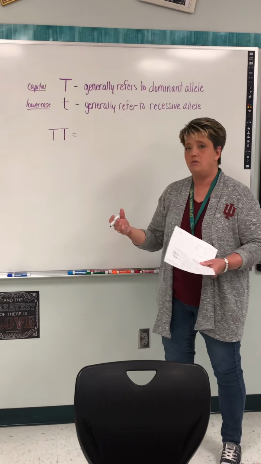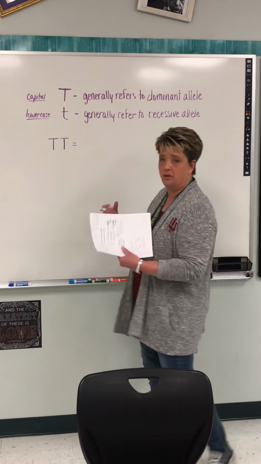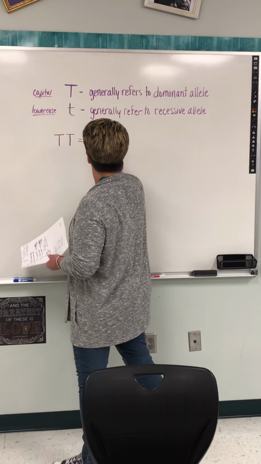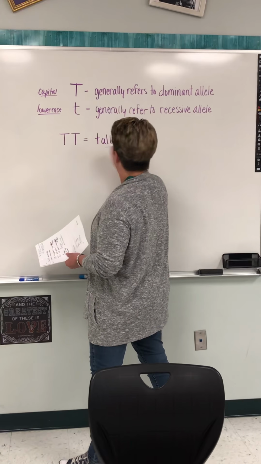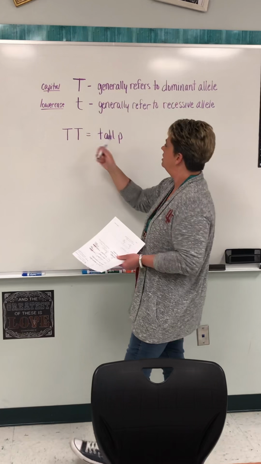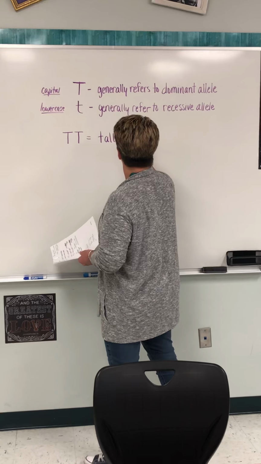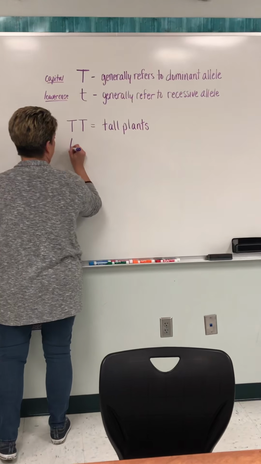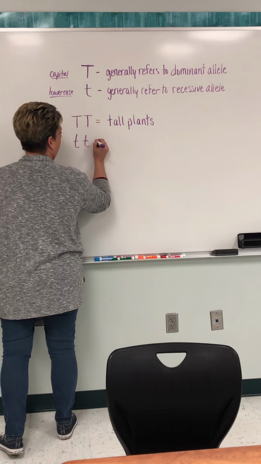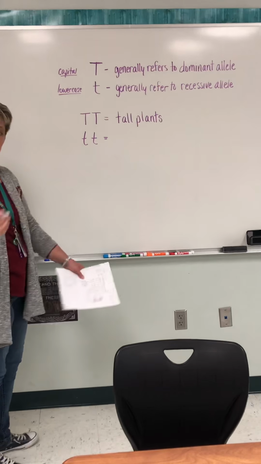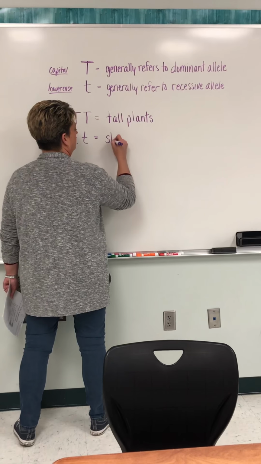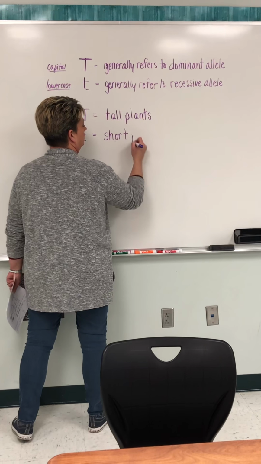And so two capital T's meant that the plant showed a tall characteristic. So I'm just going to write TT, capital T, is equal to tall plants. And if I had the two lowercase t's, then that plant would show the characteristic of shortness and be short. So it would be a short plant.